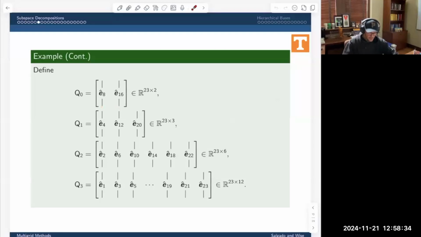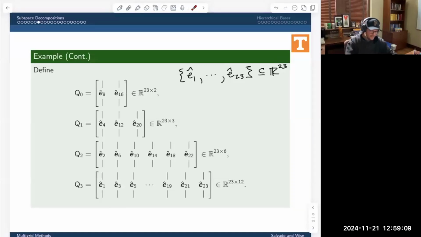So all I've done is group this, we basically have one canonical basis for R23. It's E1 hat up to E23 hat. So that's our canonical basis for R23.